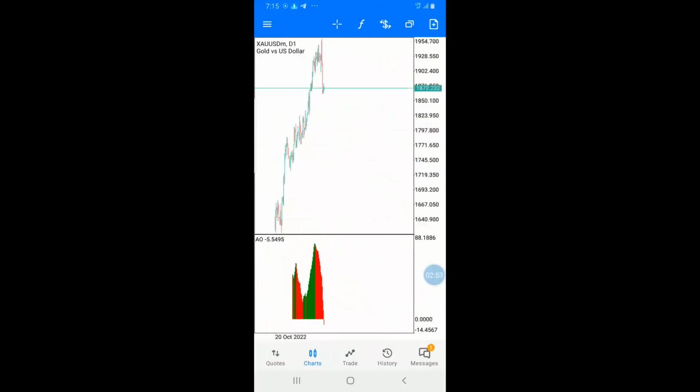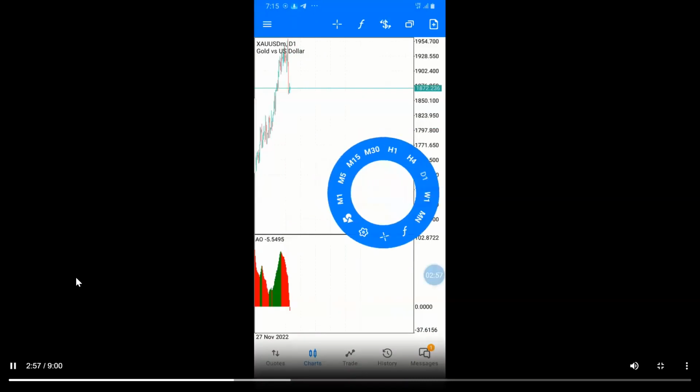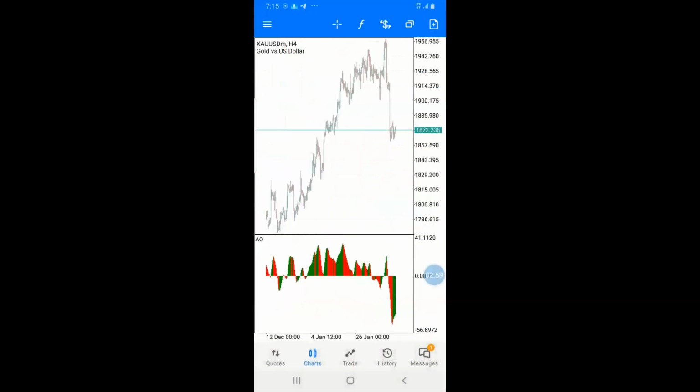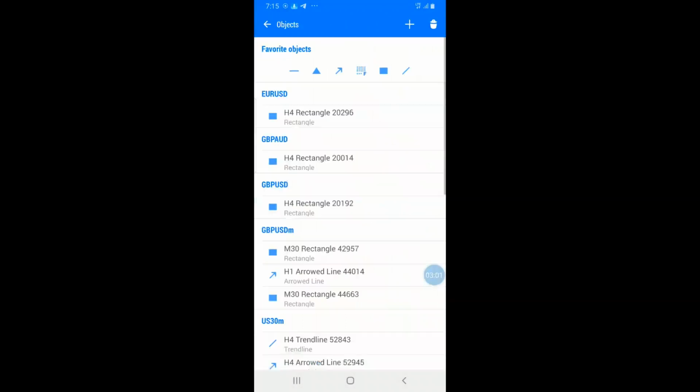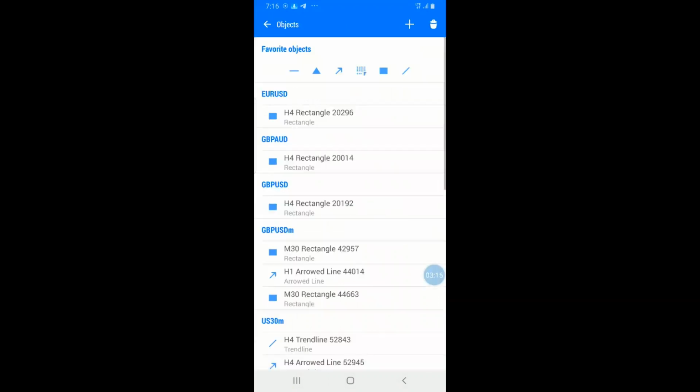A very good example in gold. Focus on the four-hour. You can see, for example, here, higher highs, higher highs here and down.